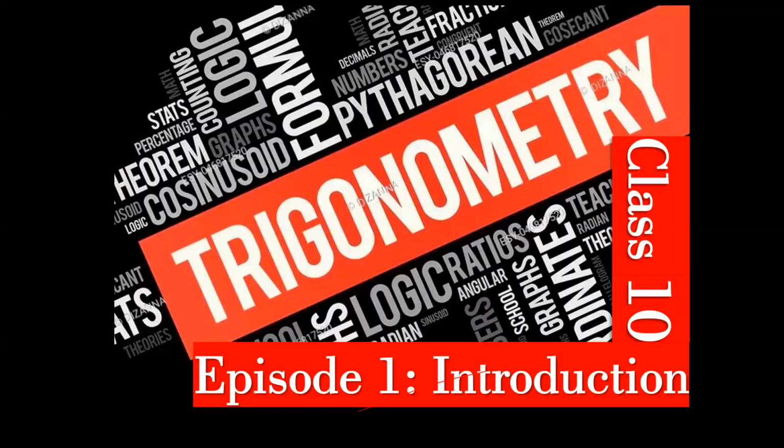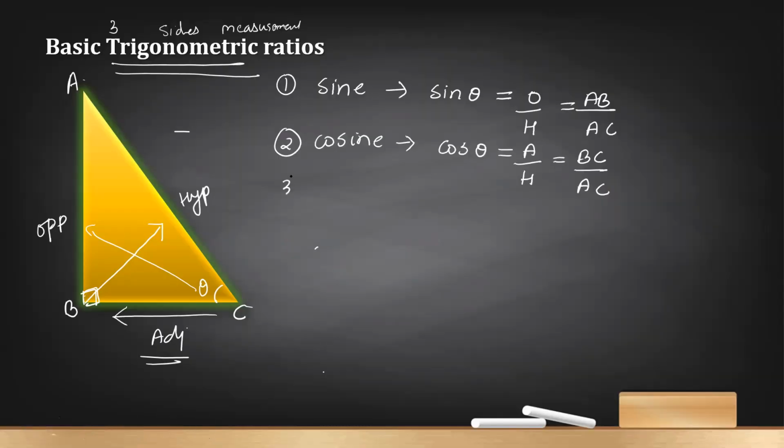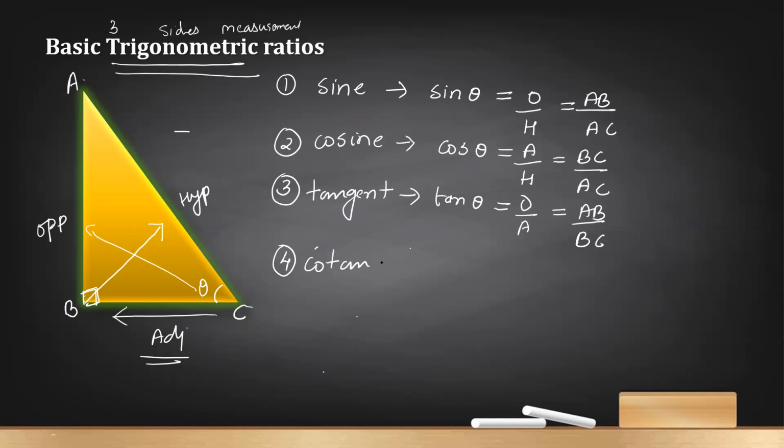The third one we have is tan, or we also call it tangent, written as tan theta. Tan theta is always opposite upon adjacent, so AB upon BC. The fourth one we have is cotangent, also called cot. Cot theta is adjacent upon opposite, which is equal to BC upon AB.